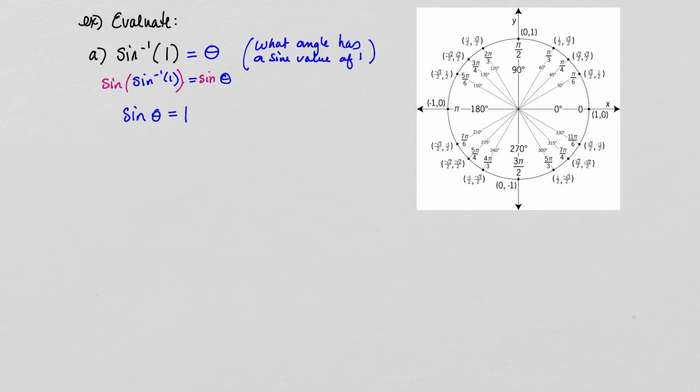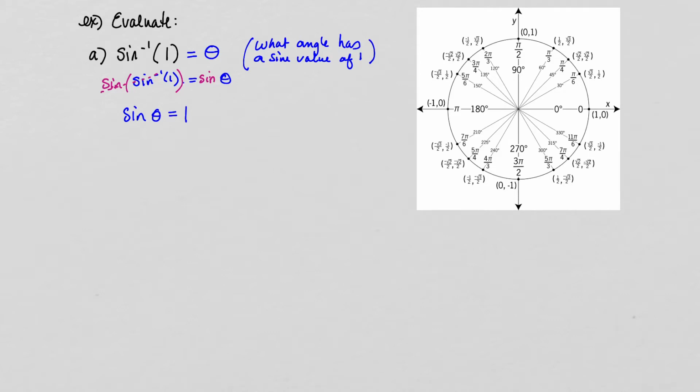A sine and an inverse sine almost all the time will cancel each other out. We're going to be a little careful because we're going to talk about this towards either the end of class today or next class. But essentially a function and an inverse function undo each other. And so these in a sort of way cancel each other out. And that's where I'm getting the sine of theta equals 1.